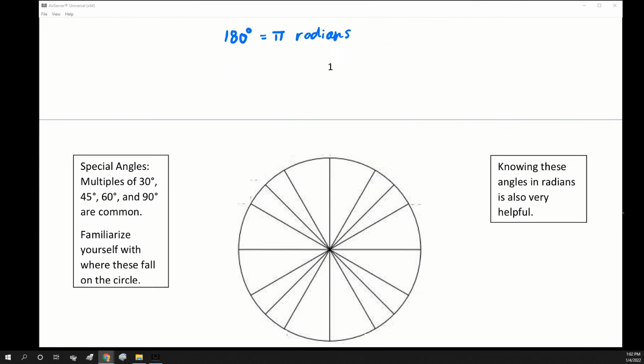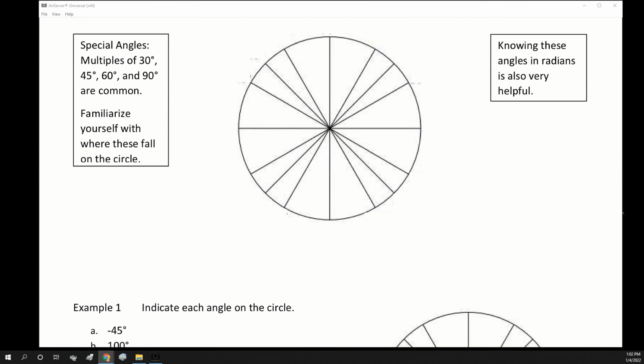All right, so let's look at the next page. So special angles are multiples of 30 degrees, 45 degrees, 60 degrees, and 90 degrees, and they are common. It's really good if you would familiarize yourself with these angles and where they would fall on this circle. Where the positive x-axis would be is 0 degrees.